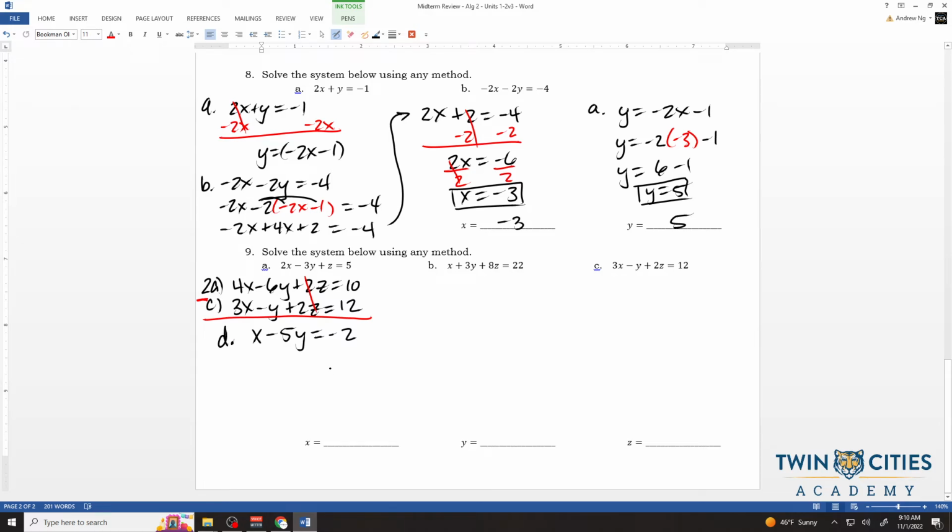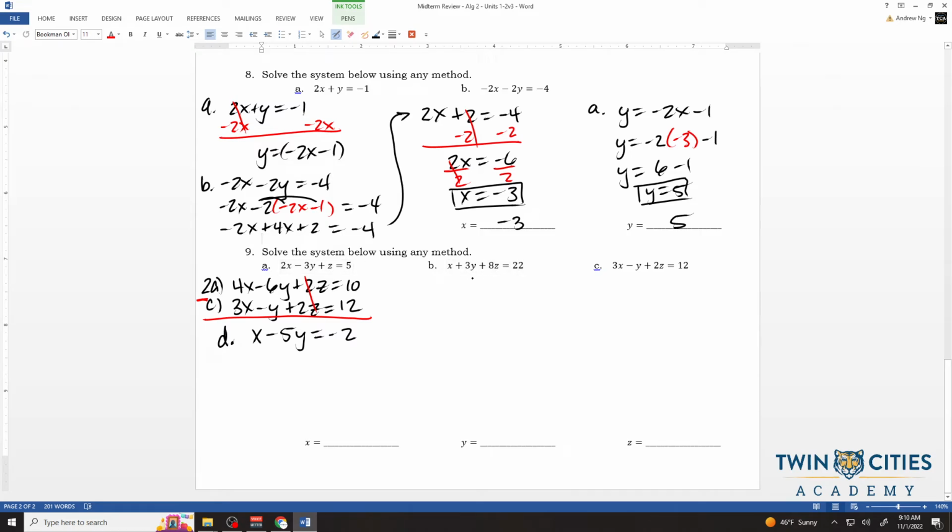And what I'm going to do is the exact same thing with a different combination. So I've already used A and C. Now I can do either A and B or B and C. Let's just do A and B. I can multiply A by 8 now to make this z 8z to match this one.